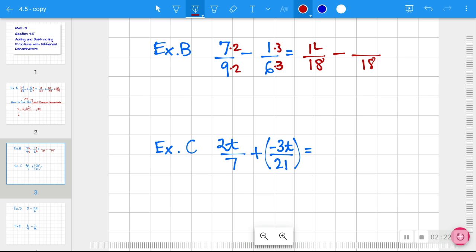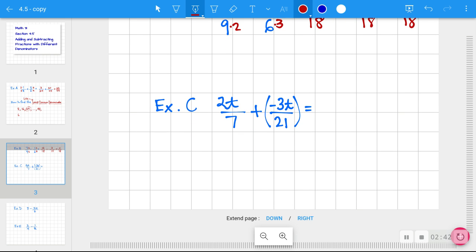So we have 14 eighteenths minus 3 eighteenths would be 11 eighteenths. And just make sure that your answer here is simplified. And this one is. There's no number that would divide into 11 that also divides into 18.